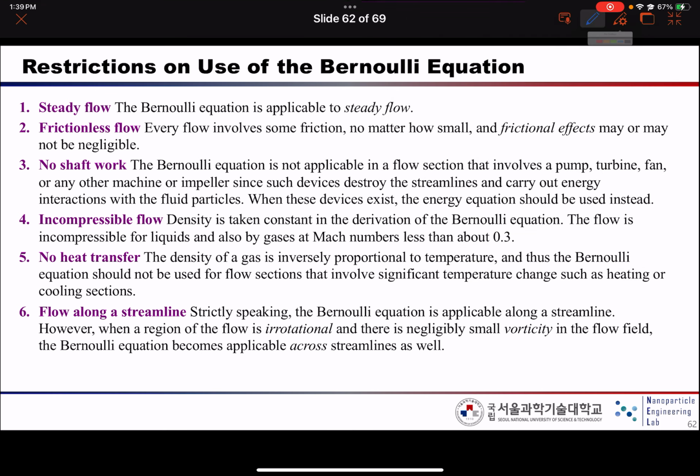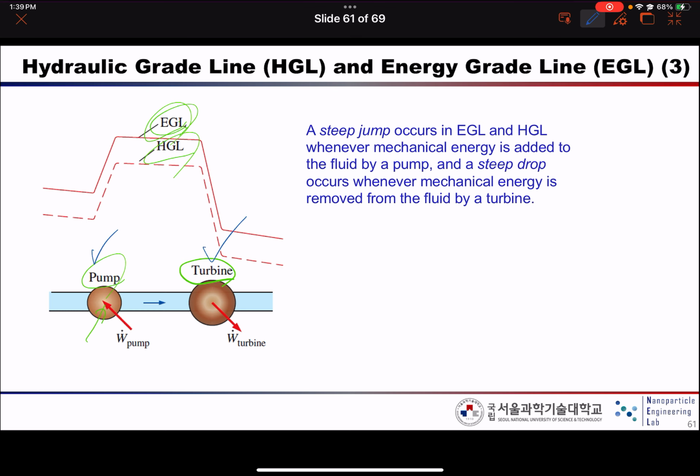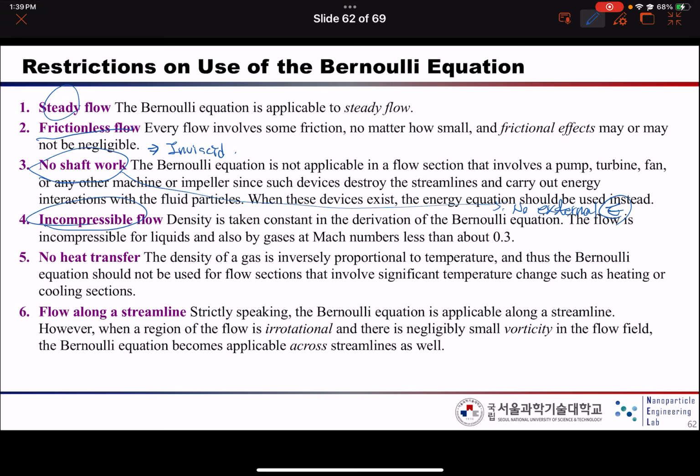So the restrictions of the Bernoulli equation are: steady, frictionless flow, which means inviscid flow, and no shaft work, which means there's no external energy like a pump or turbine, and also the flow is incompressible and there is no heat transfer rate, and we assume the flow is along a streamline. If these conditions are satisfied, you can use the Bernoulli equation.